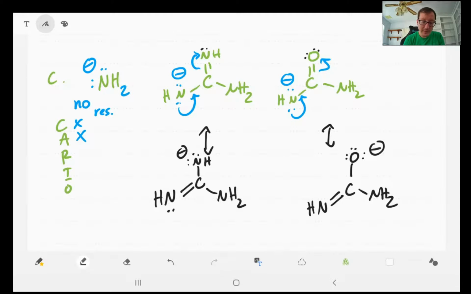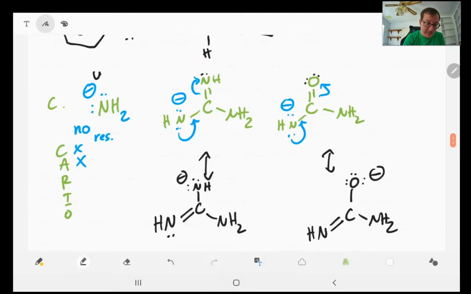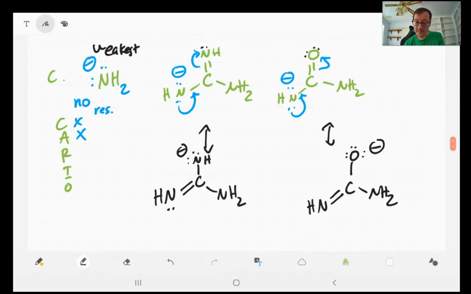Anyways, so this is going to be the worst one, the weakest, by the way, just because it can't resonate. This ammonia will be the weakest for sure. If we're looking at the other two, though, we're now looking at their resonance forms. And so with this resonance, we're saying, okay, well, which one's better?